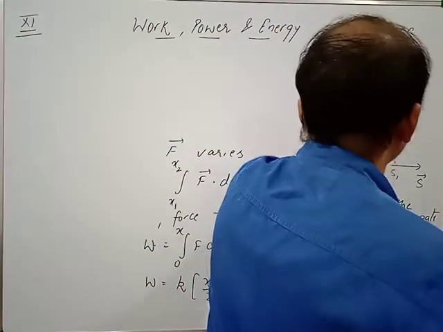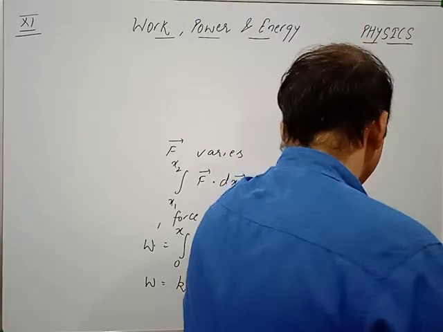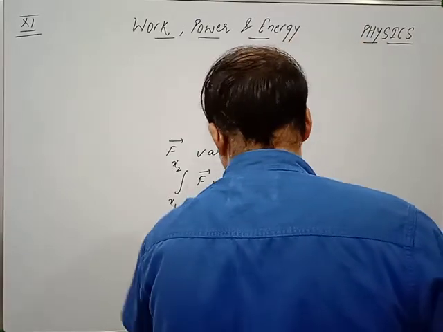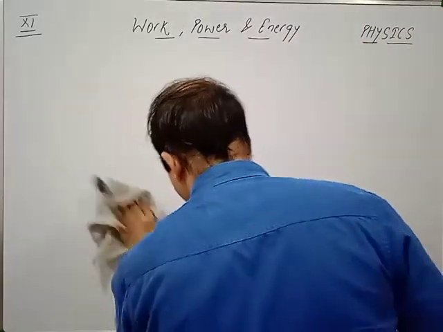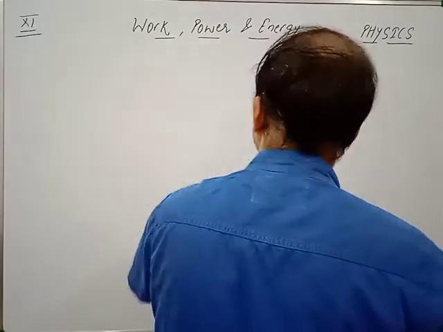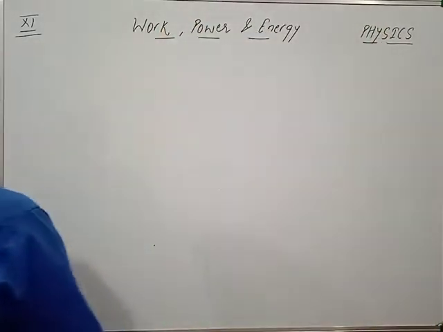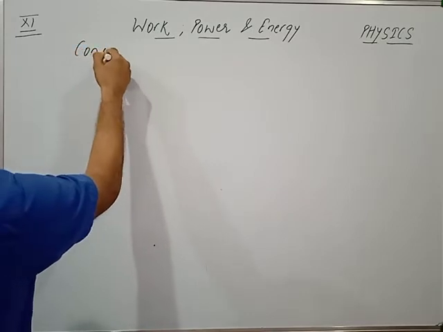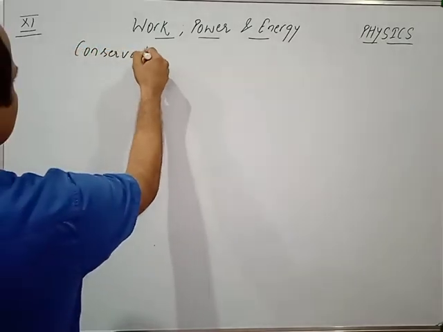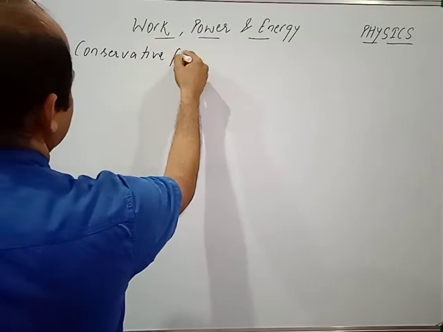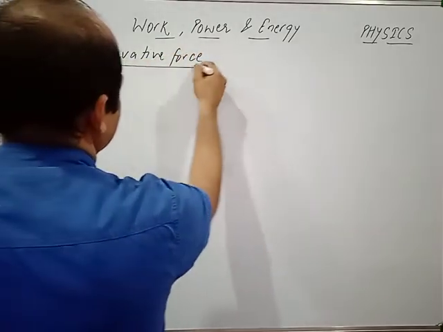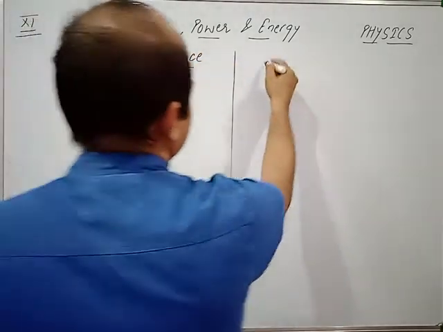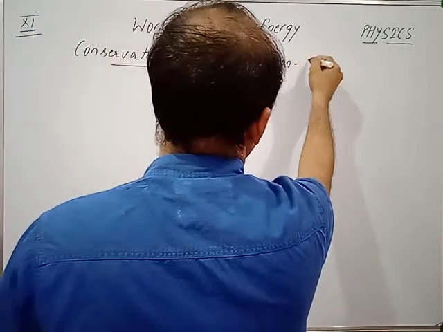One column I'll take up with the conservative force, while in another column I'll take up with the non-conservative force. So first column, let us take up with conservative force, right? In the second column, let us take up with the non-conservative force.